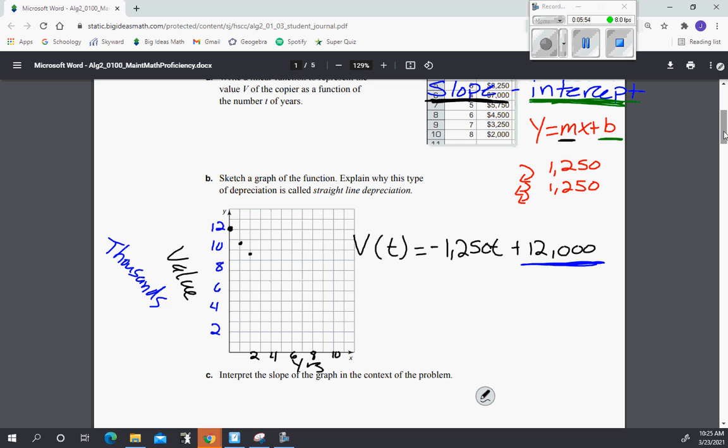Right there. Here. Okay, I'm not being exact, but there is our equation. It's going to continue down, because my slope was minus 1250. So from each point, I went down $1,250.